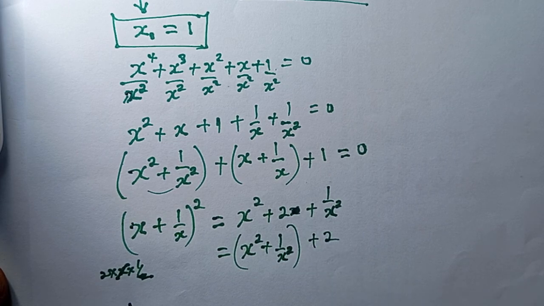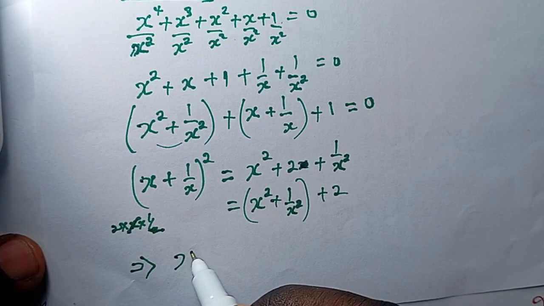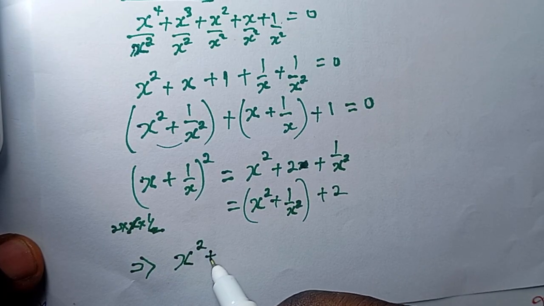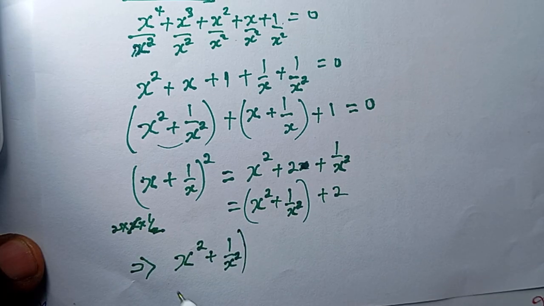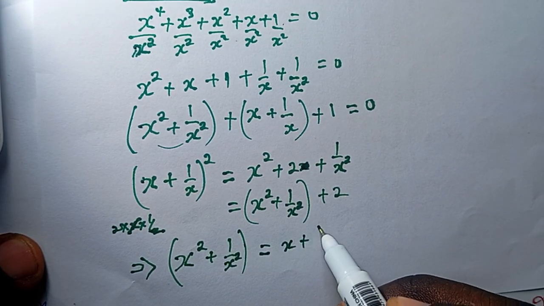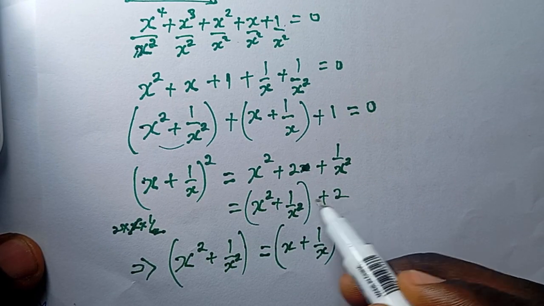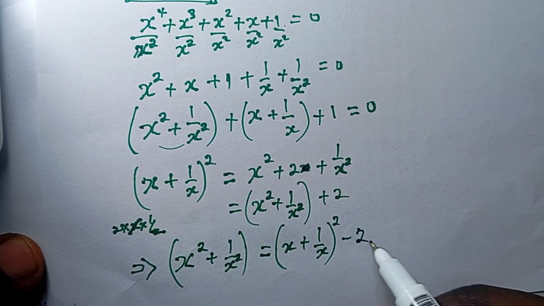So that eventually this now implies that this expression we are looking for, x squared plus 1 over x power 2, will now be equal to x plus 1 over x all raised to the power 2, and then minus 2.